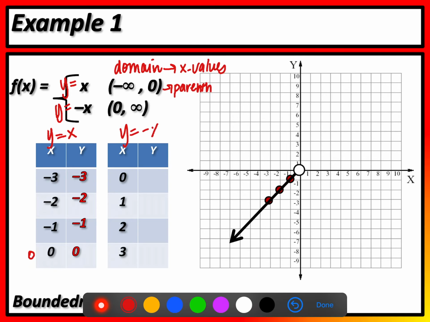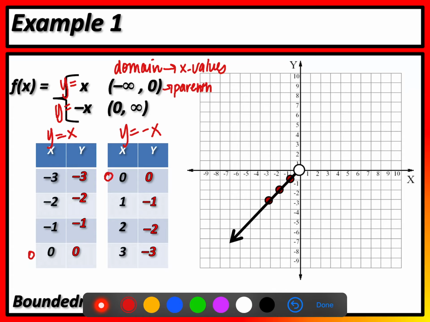In my second table, this is going to be for y equals negative x. We see the domain here is saying go from 0 all the way up to infinity. So that's start at 0 and go towards positive numbers. Again, the parenthesis, I have an open circle on 0. I'm plugging each one of those x values into y equals negative x to complete my table, and then I'm going to plot my points.